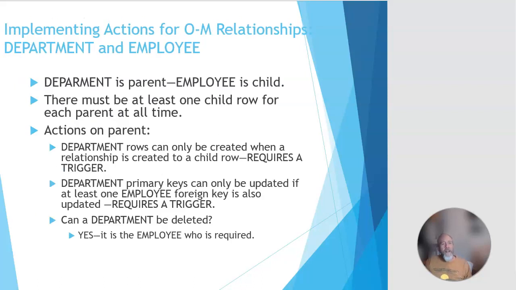So now, this here says that these things require a trigger. I would definitely not use a trigger to deal with this situation. There are other ways to deal with it, and unfortunately, you're not going to learn those ways until you get to Database 2.